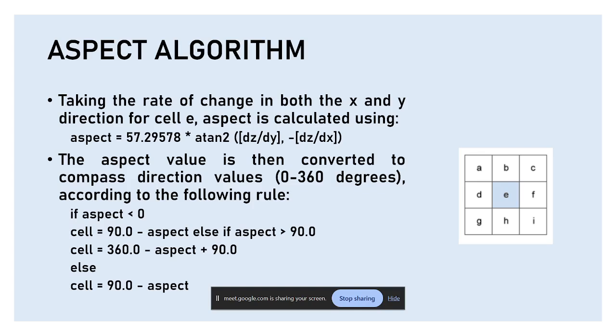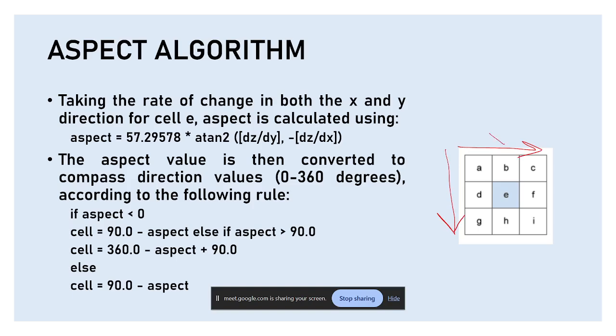So in case of this aspect algorithm, what does it do? It is basically taking the rate of change in both the x and y direction for cell E. In both the directions, in this direction also, it sees how the aspect is varying, and how it is varying in the downward direction.